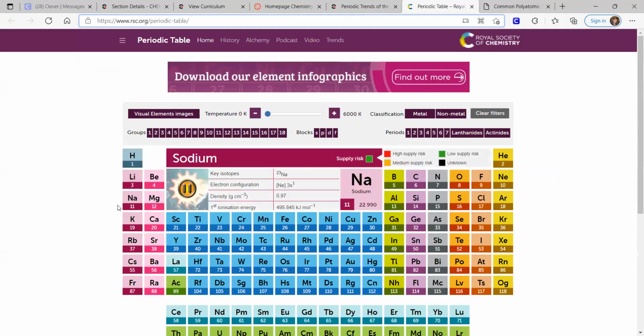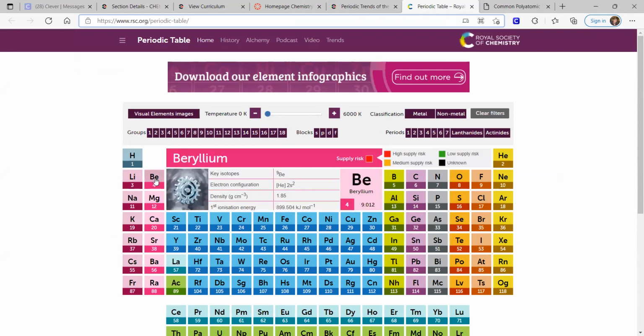Okay, so for the first question, we were moving across from period 3, from sodium to argon. If you look here, the electron configuration is 3s1, 3s2 for magnesium, 3s2 3p1, 3s2 3p2, 3s2 3p3, 3p4, 3p5, 3p6. Easy peasy.